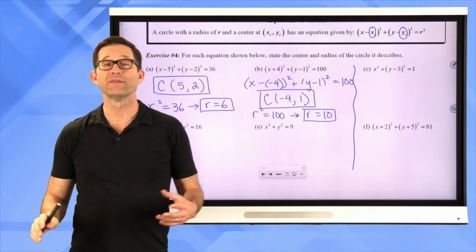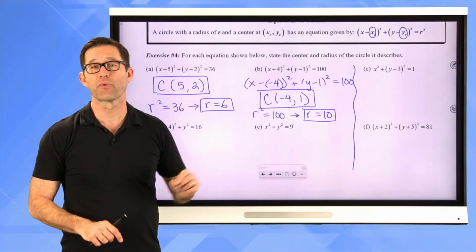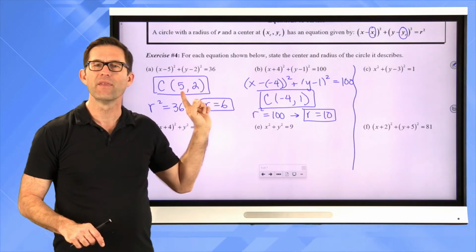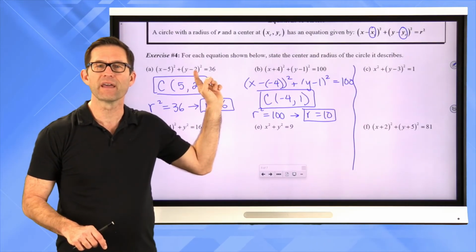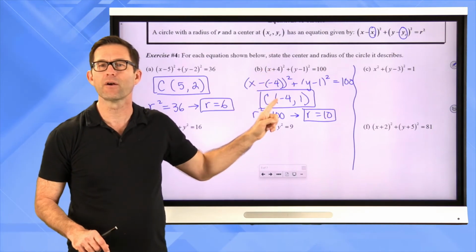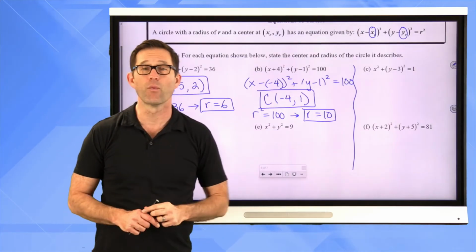Now, you might have already started to pick something up here, which is that if I look inside the parentheses and see a negative 5 there, then it's a positive 5 there, a negative 2 there, it's a positive 2 there. A positive 4 here becomes a negative 4 there, and a negative 1 there becomes a positive 1 there.